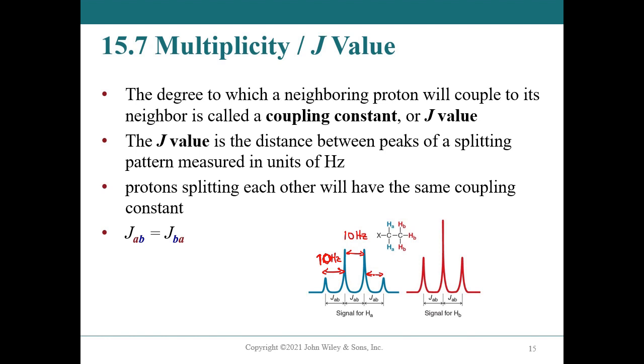But this is also true for whatever is splitting it, it splits the other. If A splits B, B will also split A. And so these will also be 10 hertz. If they're not equal, then they're not splitting each other. So this would also have to be 10 hertz.